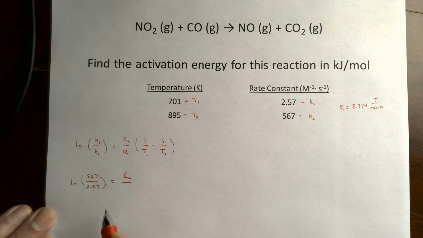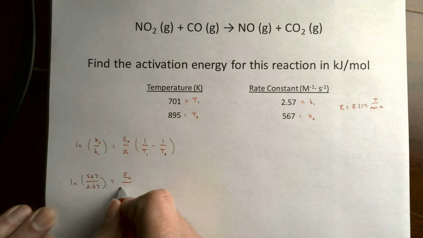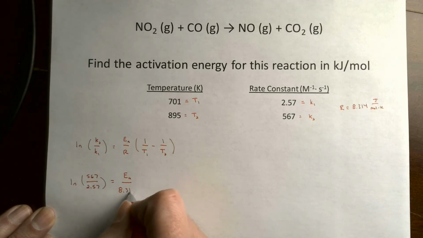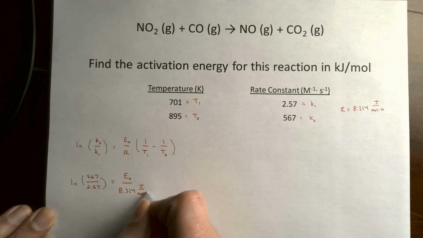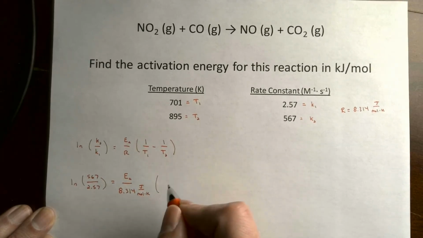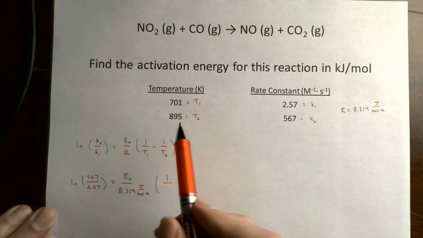The others I'm going to put in just so that we can follow them along and make sure that we've done the calculation in the correct manner. R is 8.314 joule per mole Kelvin. Our temperatures are in Kelvin.